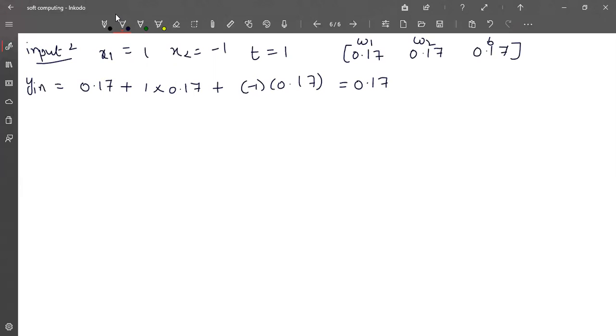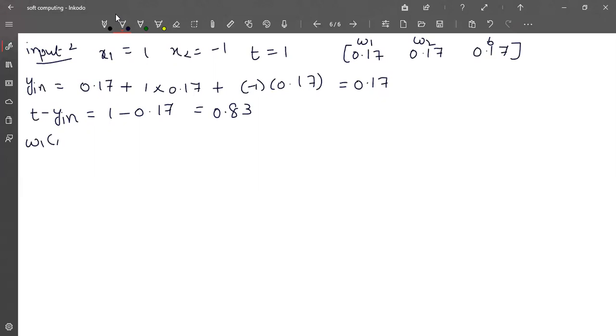Next step is what? We have to subtract our calculated net input from our target value, right? So t minus Yin is equal to 1 minus 0.17, that is 0.83. And then we have to calculate our new weights.